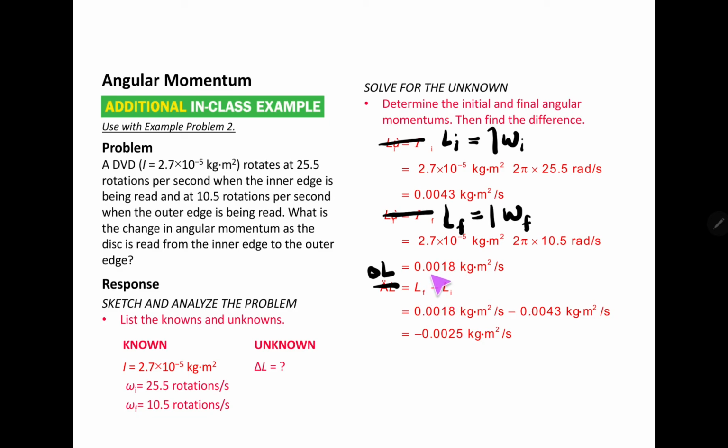L final, here we have it, is 0.0018 minus 0.0043 kilogram meter square over second, which is L initial. The final result will be minus 0.0025 kilogram meter square over second. This is the change in angular momentum, which is delta L.